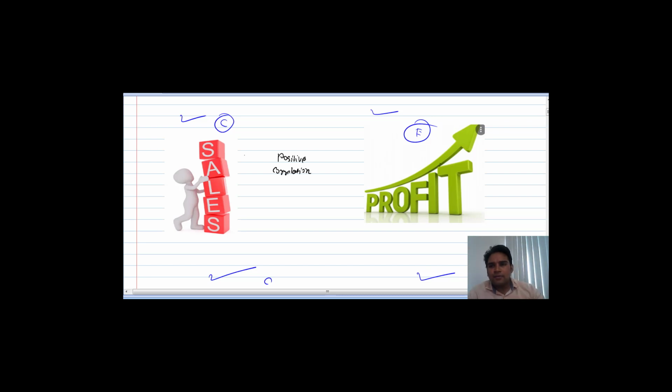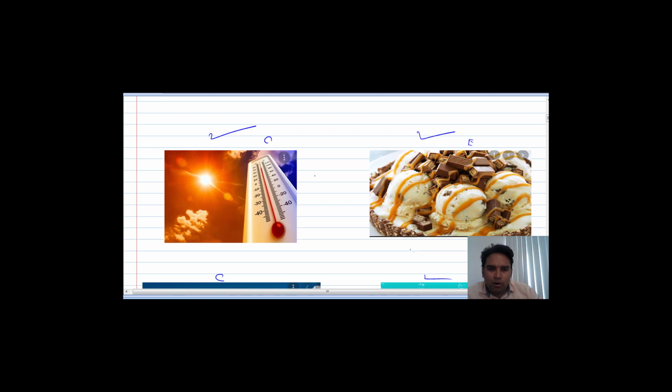Then after, in this also, positive correlation, right? You know this, as temperature is going up, we all love to consume ice cream, right? And as the temperature goes down, we all cut down the consumption of ice cream, right?